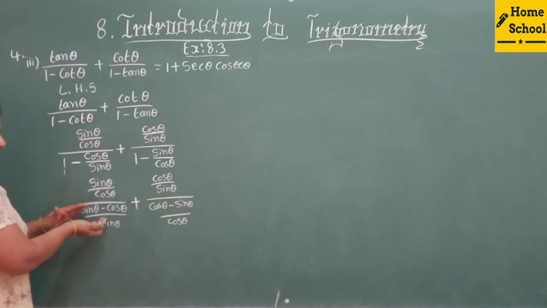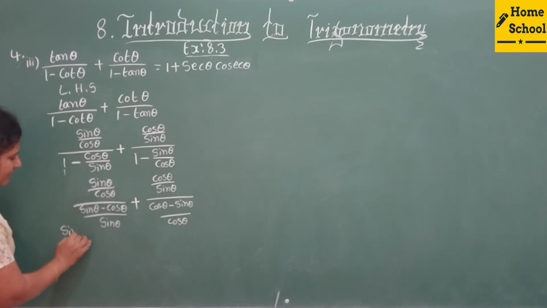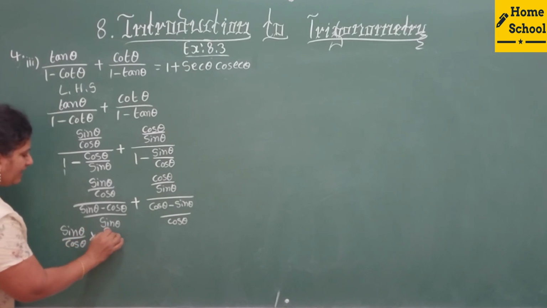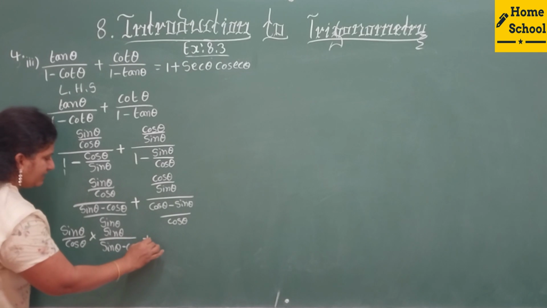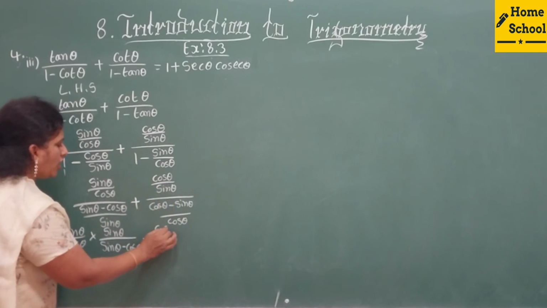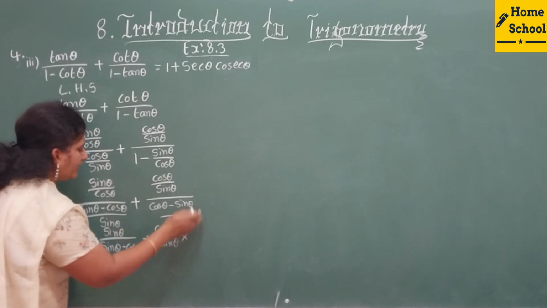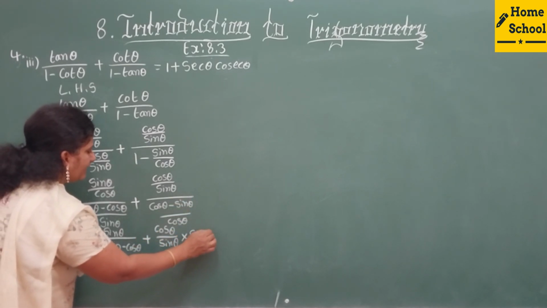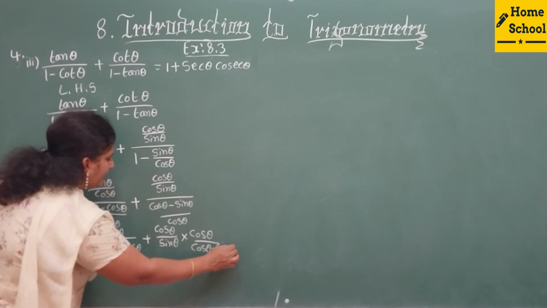Okay. Now for the denominator that you have, do the reciprocal and multiply. That is sin theta by cos theta into sin theta by sin theta minus cos theta, plus in the same manner cos theta by sin theta into, do the reciprocal, cos theta by cos theta minus sin theta.